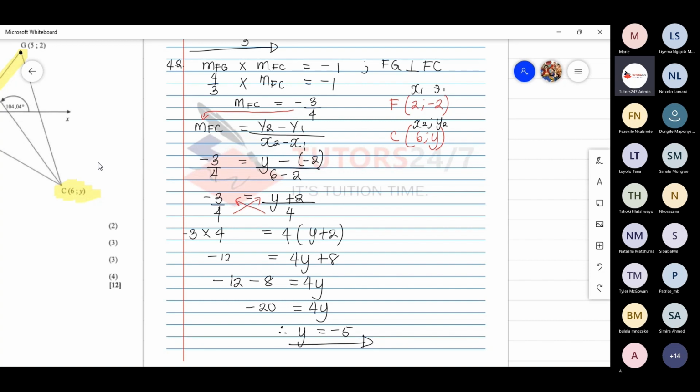So all I did was I substituted the gradient that I previously calculated based on my perpendicular properties, and I substituted the two x values and the one y value that I knew or that was given. From there, all I did was I solved for y.